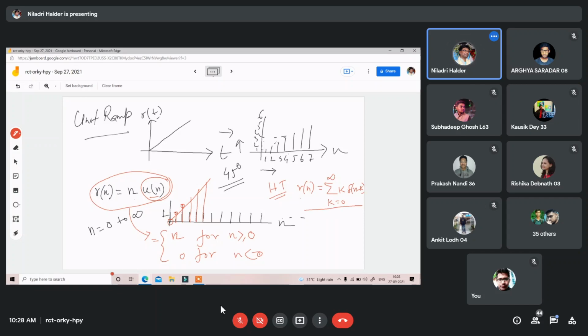Obviously, r[n] is the unit ramp signal. Just note it down, that line: r[n] equal to summation of k equal to 0 to infinity k delta[n minus k]. That you need to prove. That is unit ramp and that is unit impulse. Noted? Yes, sir. Okay.